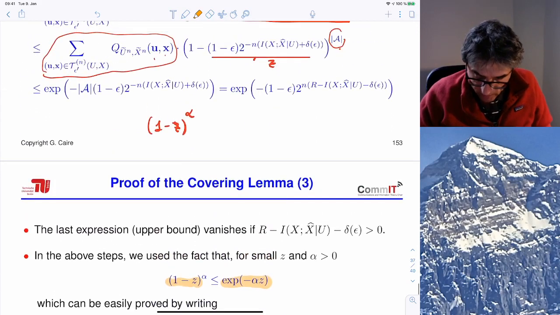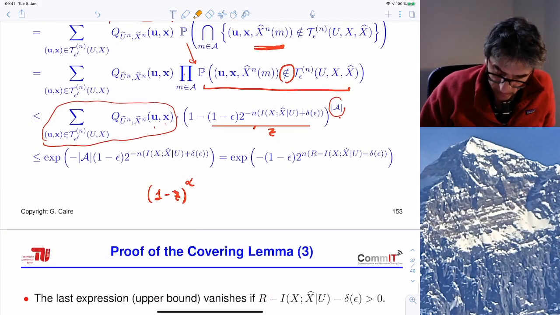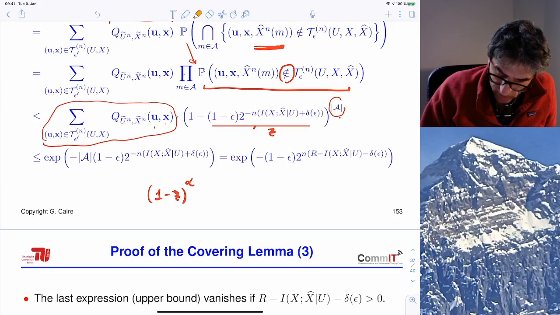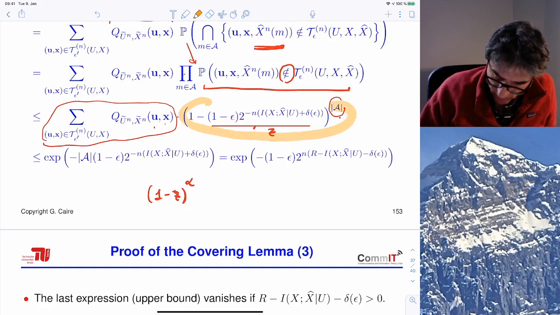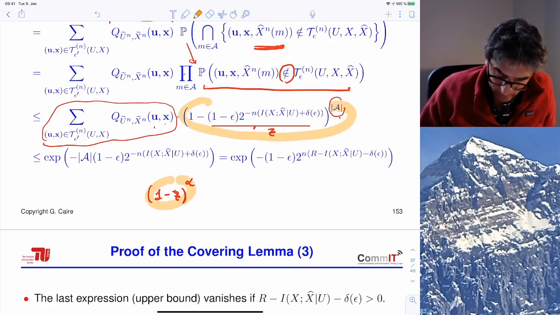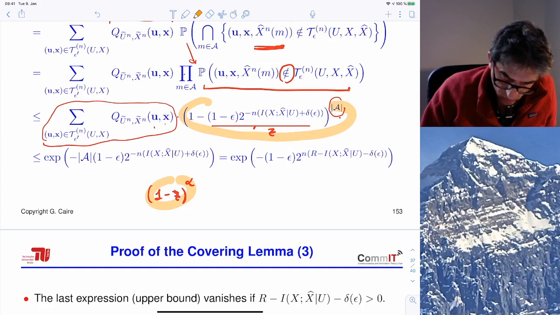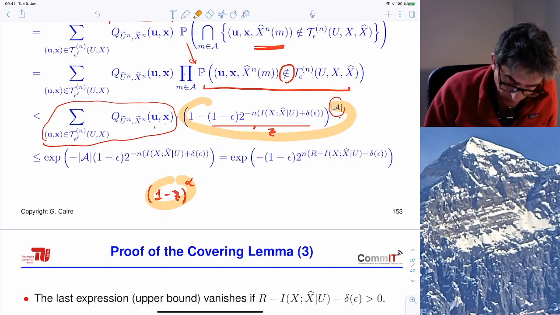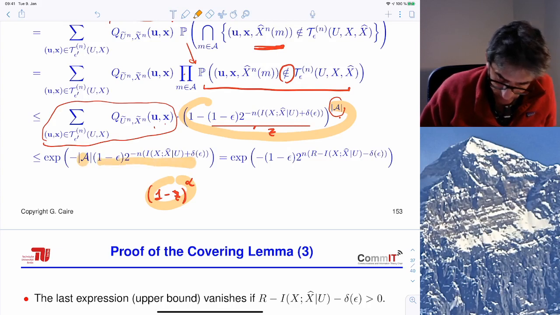So using this bound, this part here is 1 minus z to the alpha. I use here alpha, so it is exponential of minus alpha times z, right?